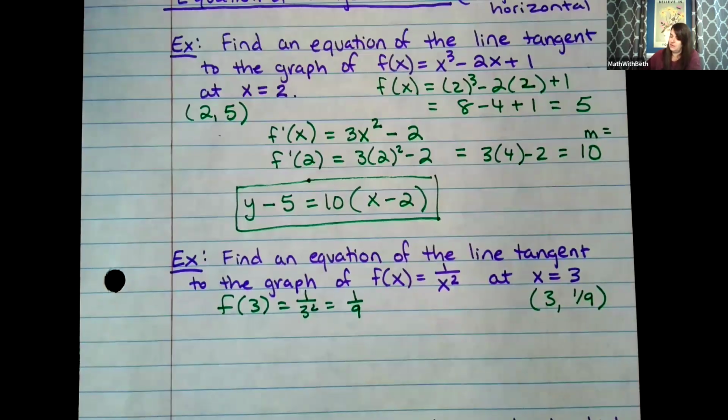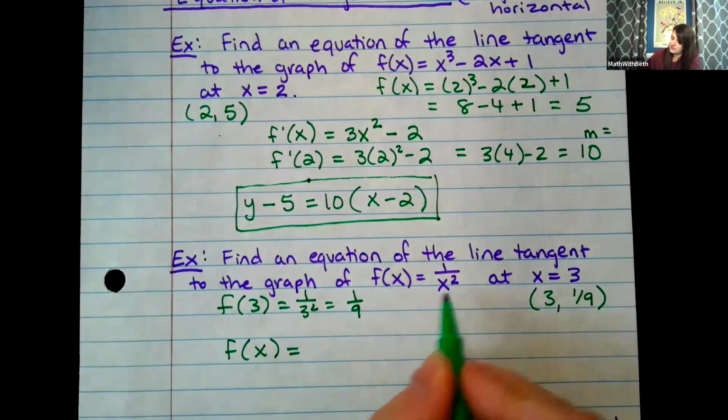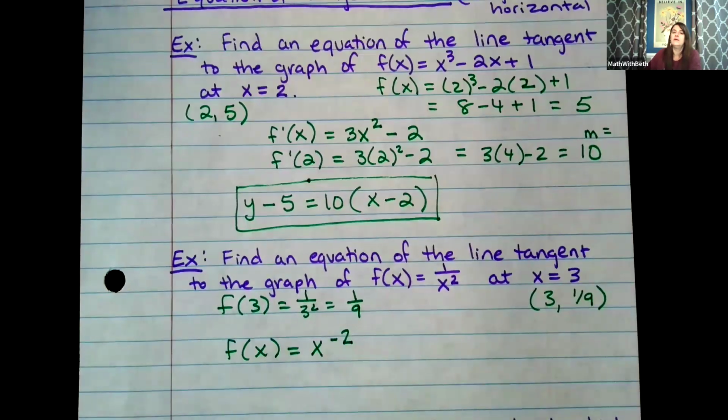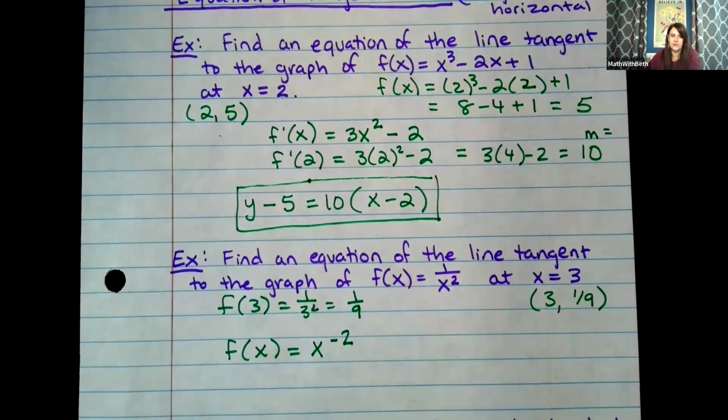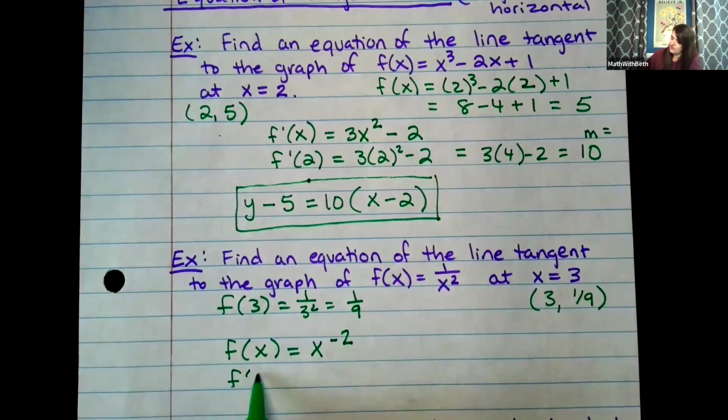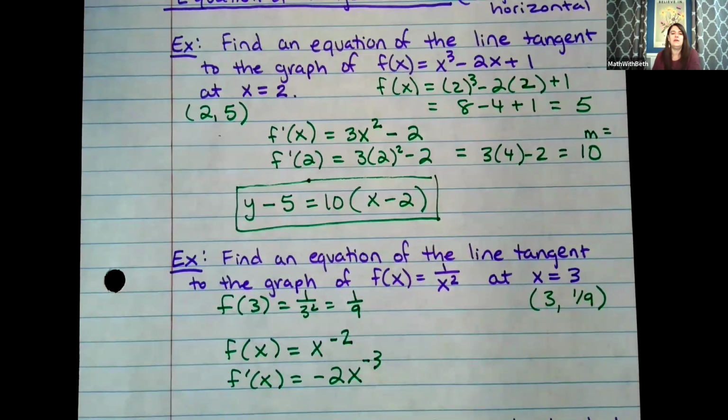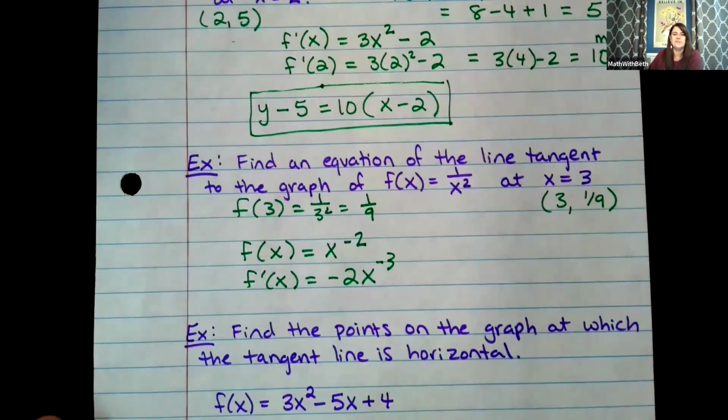To find slope, I need the derivative. So first, remember that 1 over x squared is really the same as x to the negative 2. So finding the derivative is pretty easy if you use the power rule.